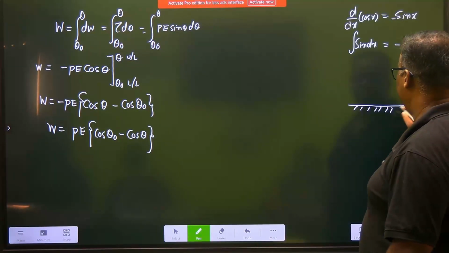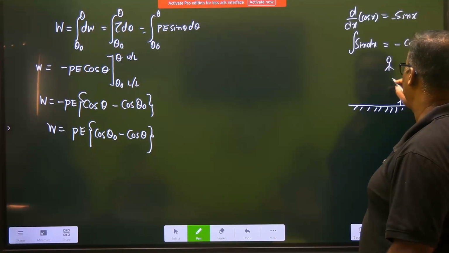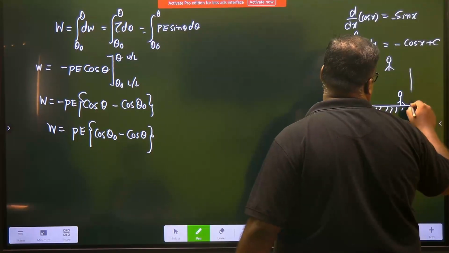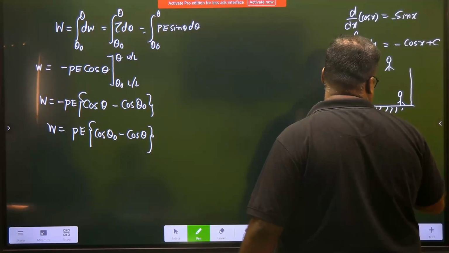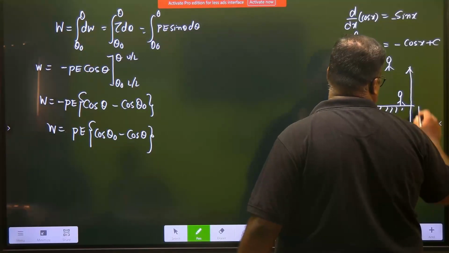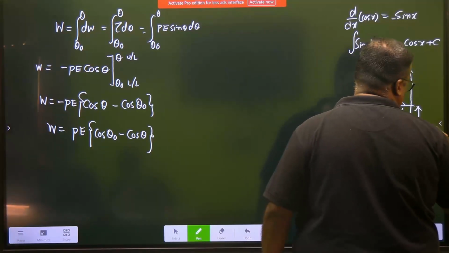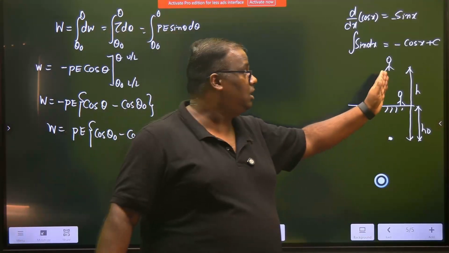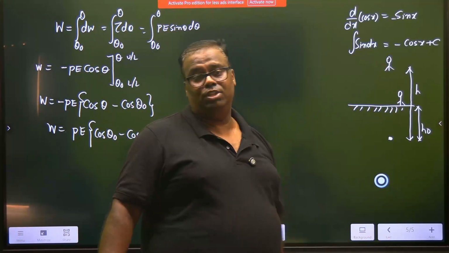Let me give you an example. This is a man standing here, right? And I'm asking you, say this is the center of the earth. This is H0, this is H. I ask you, what is the potential energy of this man here?